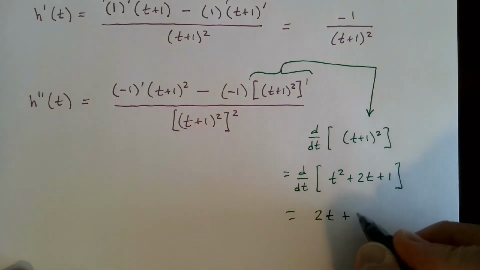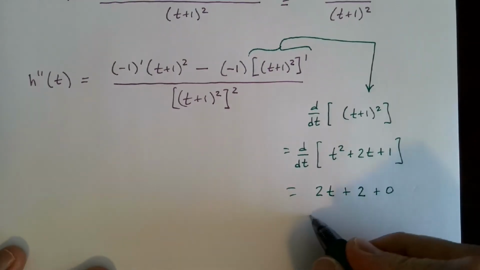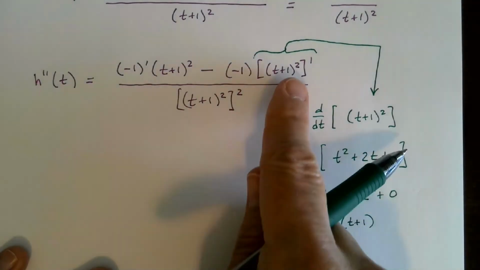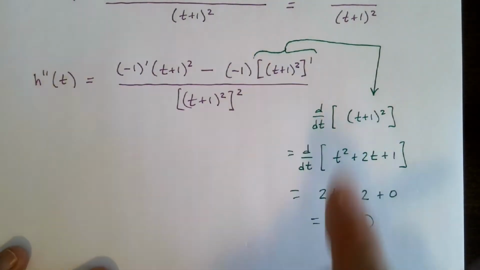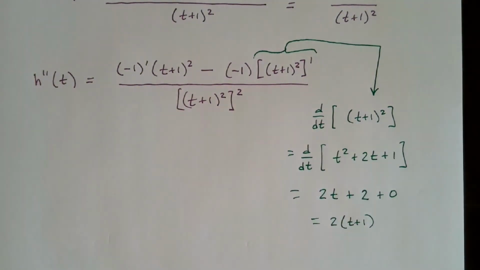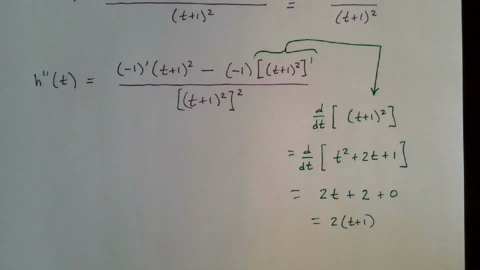The derivative of 2t is 2. Derivative of 1 is 0. And then notice here I can indeed factor out a 2. And so I do get that. So it seems like you say bring the 2 down, subtract 1. You say it works. And why do we go through the process of this? Well, that's not always true that we can do that when we have functions composed inside other functions, and we'll talk about that again, as I said, next time.